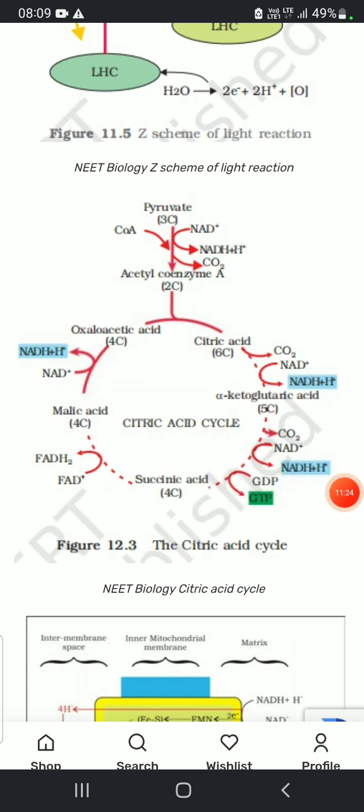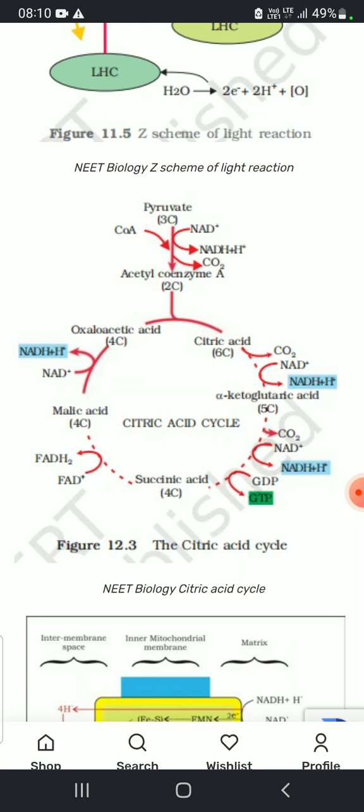Then alpha ketoglutaric acid is converted to succinic acid. This is also a step of decarboxylation in which a 5 carbon compound gets converted into a 4 carbon compound, and also NAD plus is converted into NADH plus H plus, and GDP is converted to GTP.